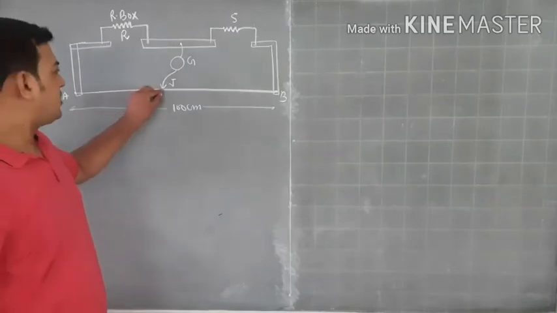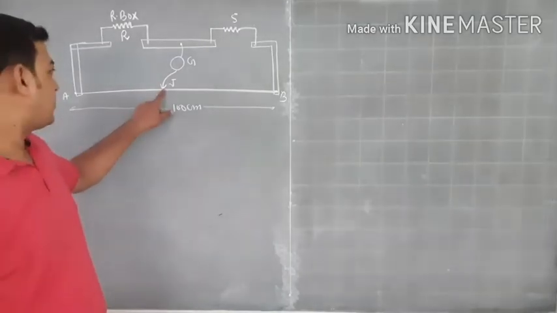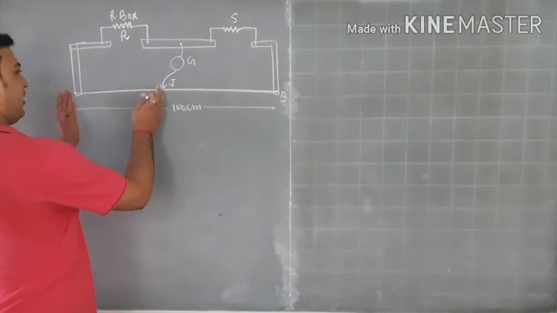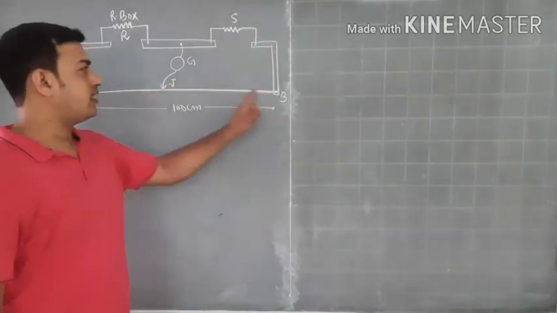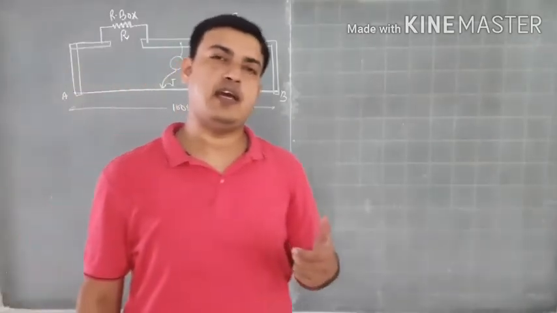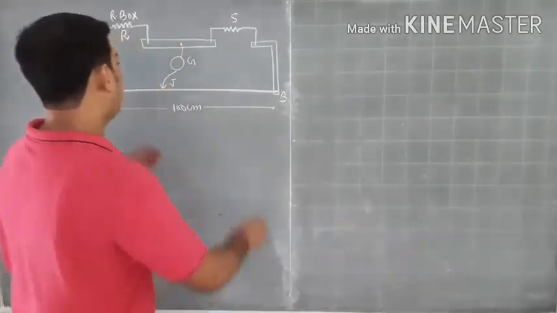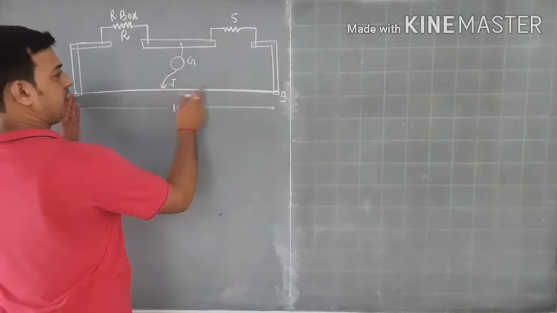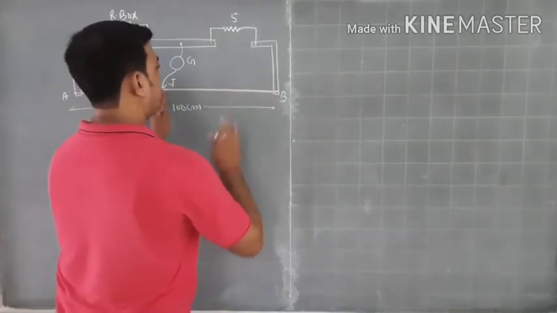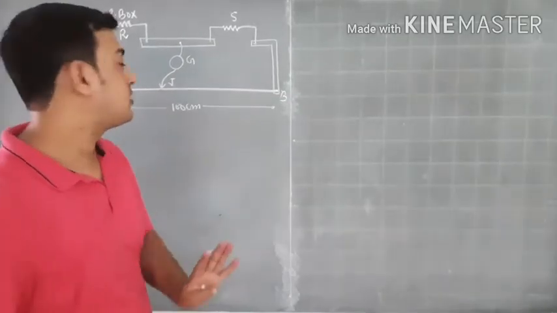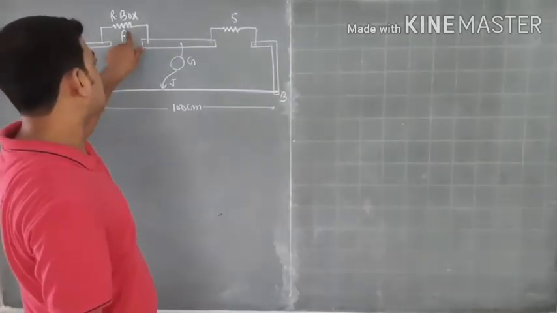So when you touch this wire with the help of the jockey, it will divide the wire into two parts. And when you divide the wire into two parts, we know that each part has its own resistance. So this part will have some resistance and the remaining part will have another resistance. So we have four resistances, as you can see.